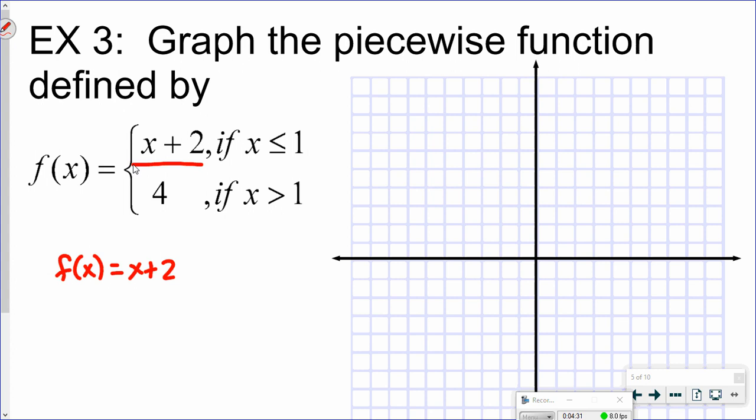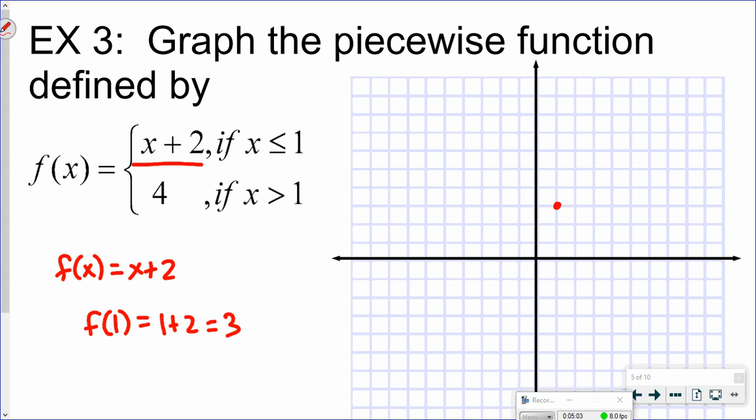And then this is for the values where x is less than or equal to 1. So you can plug in points if you want. So let's find where f of 1 is, because that's where it's equal to. So that would give me 3. So f of 1 is 3. So I have the point 1, 3.